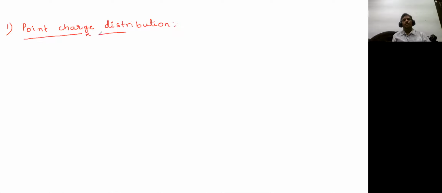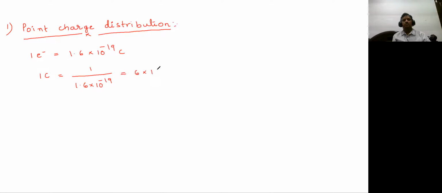Here, the point charge is basically a very small charge. What do we mean by small charge? If we take the charge of an electron, which is approximately 1.6 into 10 power minus 19 coulombs, and if you want 1 coulomb of charge, then this will be 1 by 1.6 into 10 power minus 19, which comes to around 6.25 into 10 power 18 electrons.